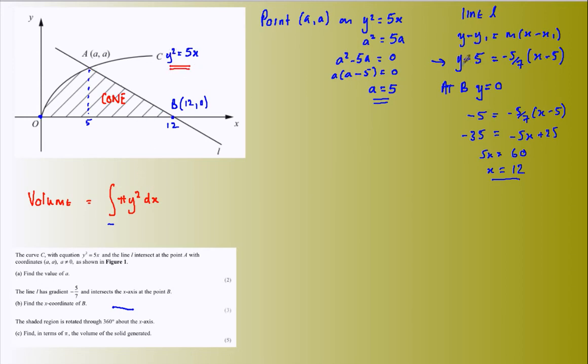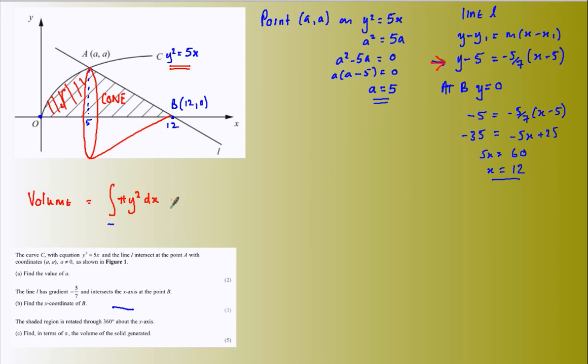This one I could get my y out of here, square it up, integrate it, put my values in, but given that I can see this is going to rotate to give me a nice cone shape, and I know the volume of a cone, I'm going to do this part as a volume of revolution by integration, and then I'm going to do the cone there, and add them.